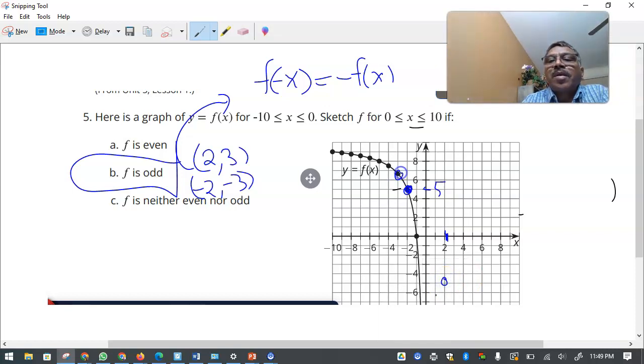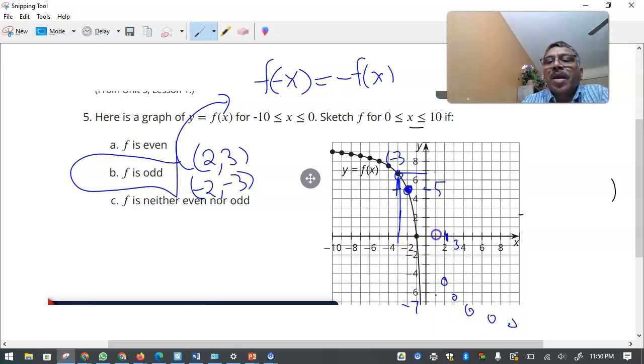Now if this point is on minus 3 and a little lower than 7, then this side will be 3, and this will be a little below minus 7, somewhere here. Okay, and you'll get points like this.